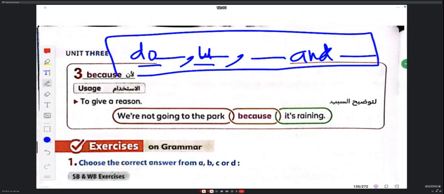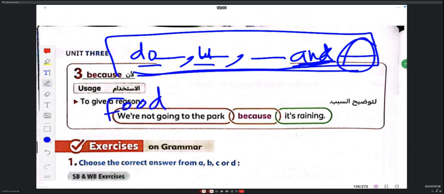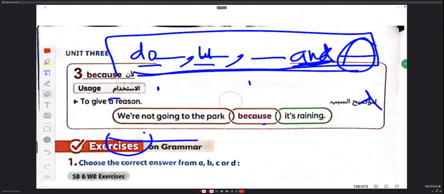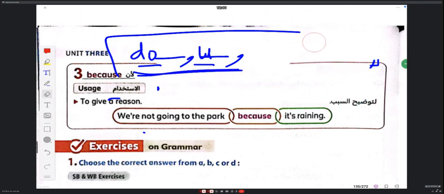In this case, we put and at the end, before the last one of the list. We buy food, fruit, vegetables, and some other things from the market. So we put and before the last one in the list.